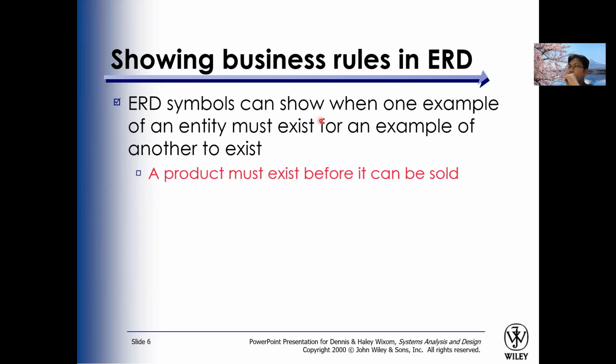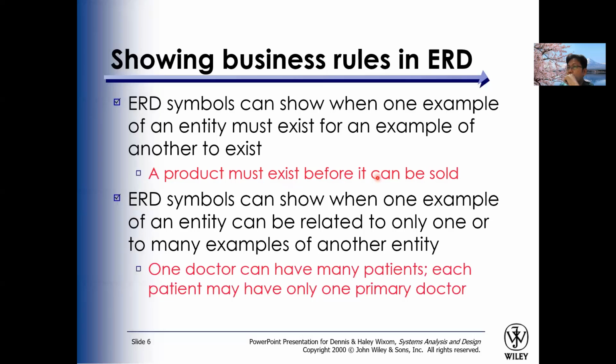The other symbol can show when one example must exist for another to exist. For example, in a transaction, of course a product should exist before it is sold. And also the symbol shows the relation.